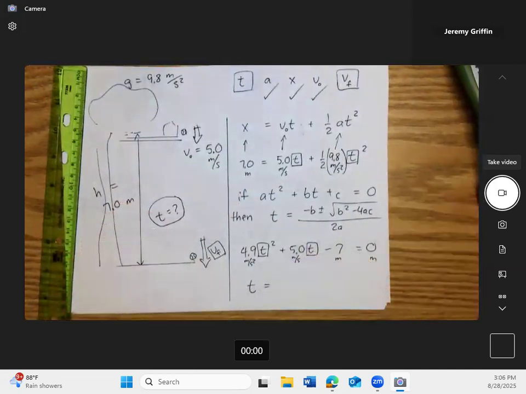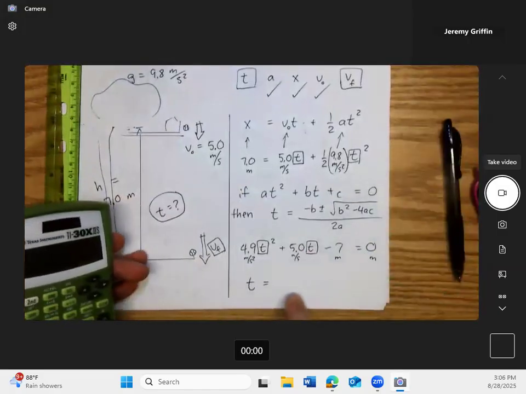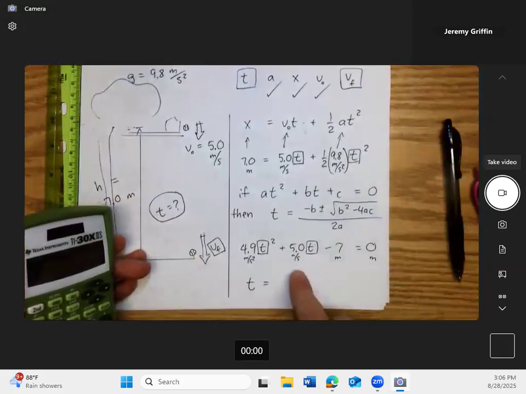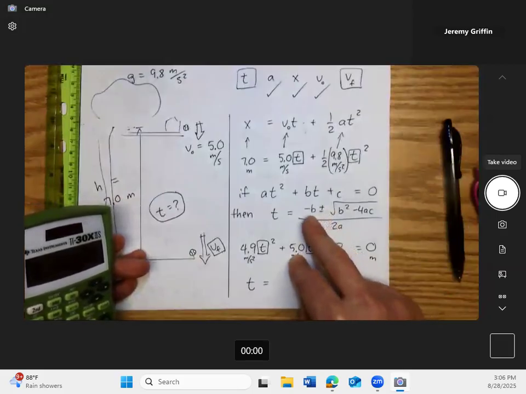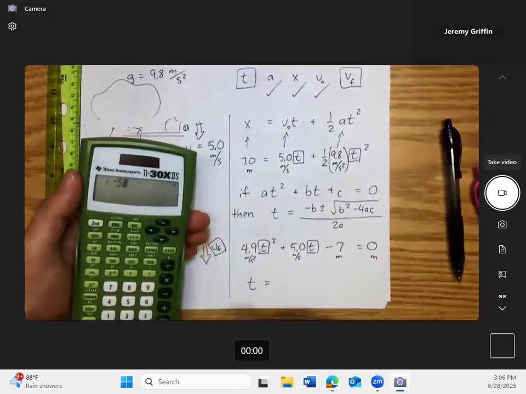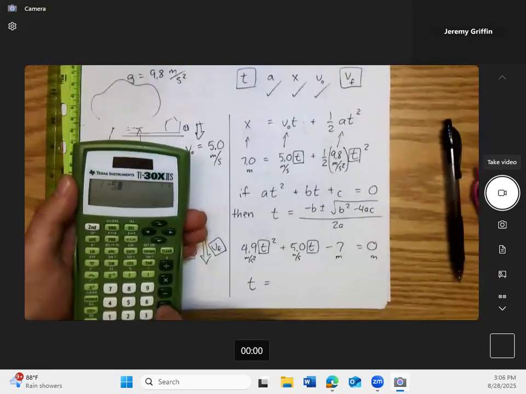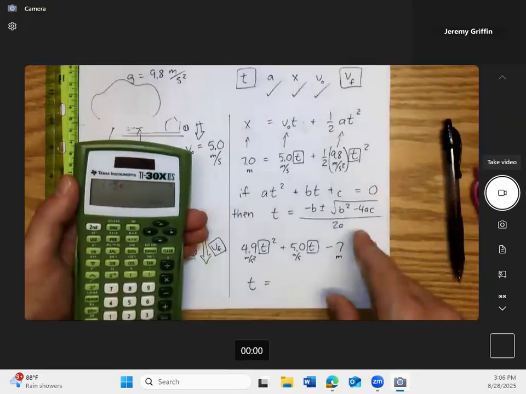True? Okay. You guys ready to push these numbers through the quadratic equation? It looks like b would be 5. You see b is 5? So start with negative 5, open parenthesis, negative 5. This might be a good calculator exercise. Now I got a plus or minus here, so let's just pick plus and start with that one.